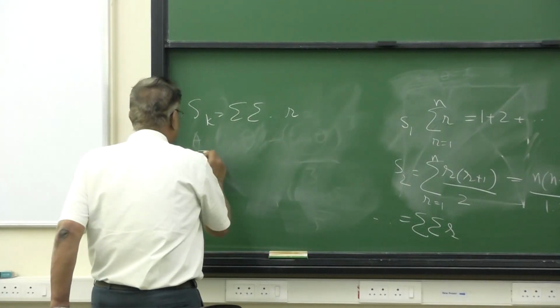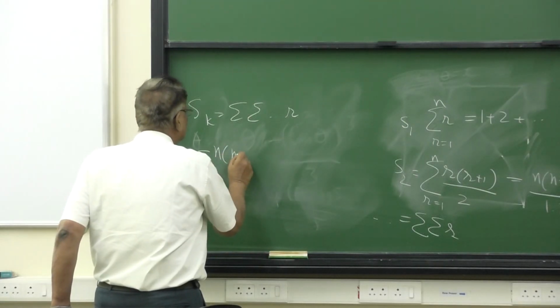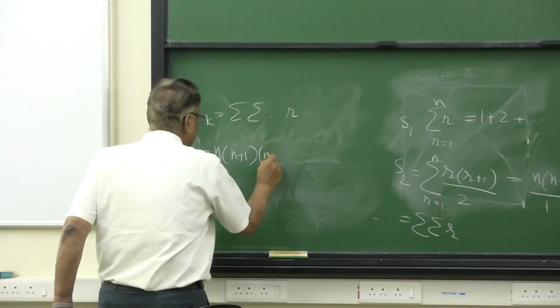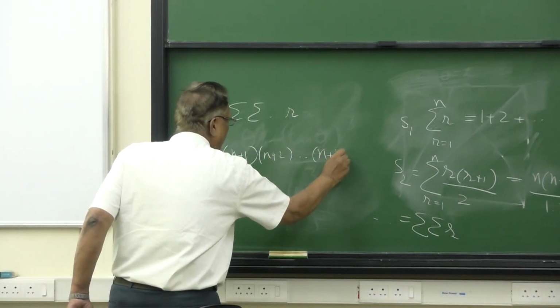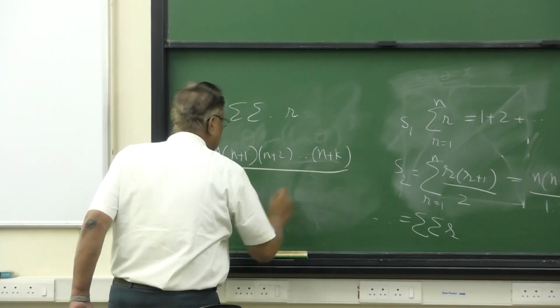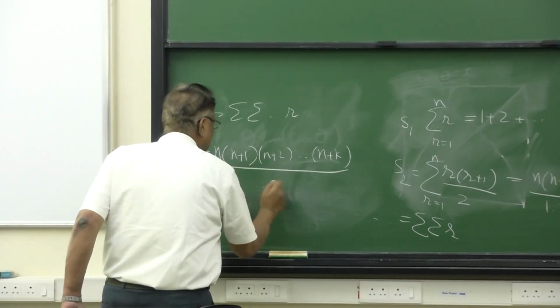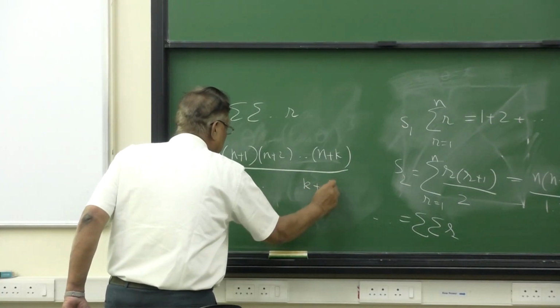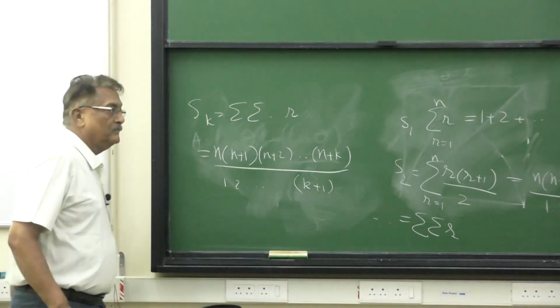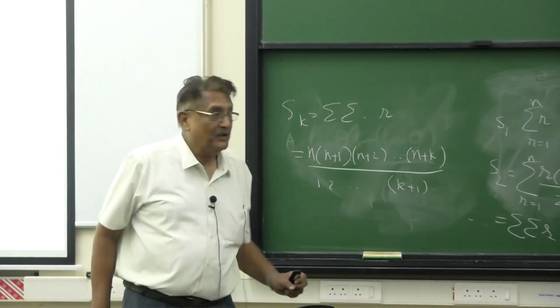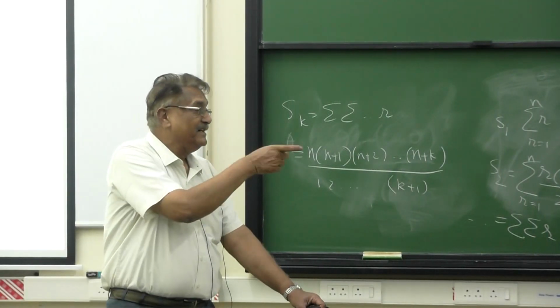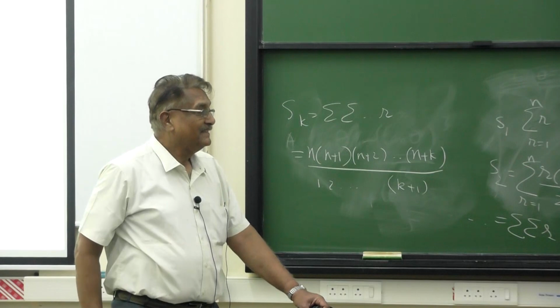He gives the result, he generalizes this. He gives this result. And this is crucially needed for the infinite series for sine and cosine.